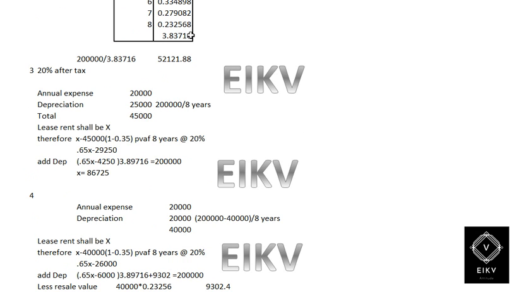The sum total would be 3.8371. Therefore the yearly lease rent payable would be 2 lakh divided by 3.83716, which gives you 52,121.88.